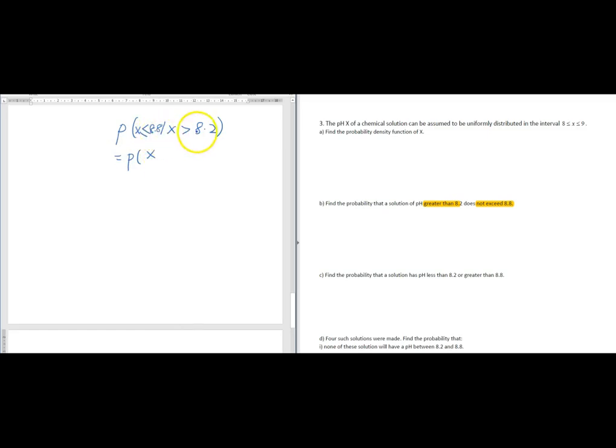The intersection is greater than 8.2, smaller than 8.8, so 8.2 to 8.8, divided by the condition. In this case, the condition is greater than 8.2. If you take a look at the question, 8.2 must happen first. Out of the 8.2, how many do not exceed 8.8?